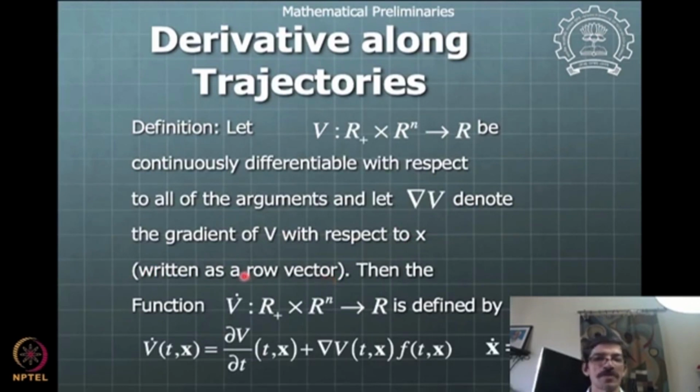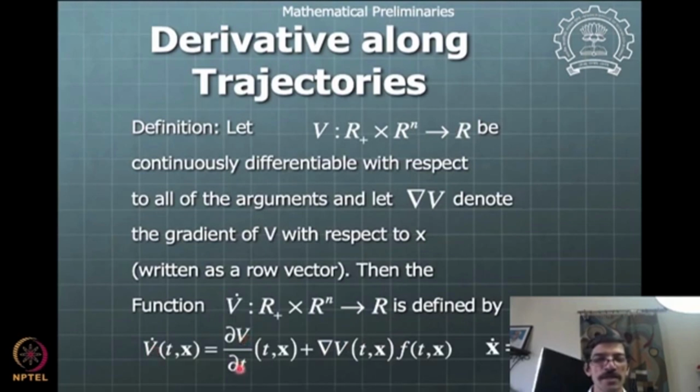That's another small thing. Then the function V dot is defined this way. If you see, V is a function of time and this vector, its differentiation will have a time part plus a vector part multiplied by dx by dt, because this is a complete derivative.